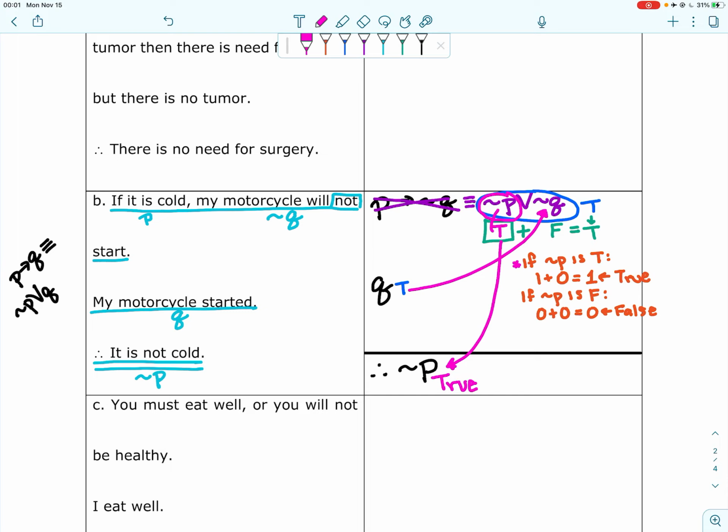So because our conclusion is true, this is a valid argument. The person's motorcycle started, so it's not cold out. And we proved it mathematically.